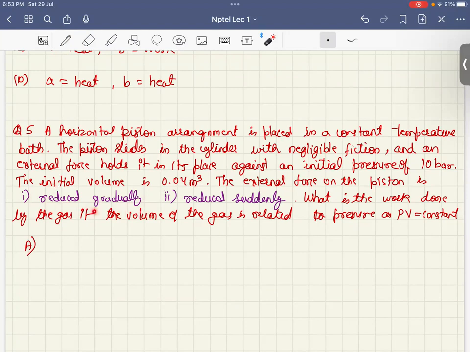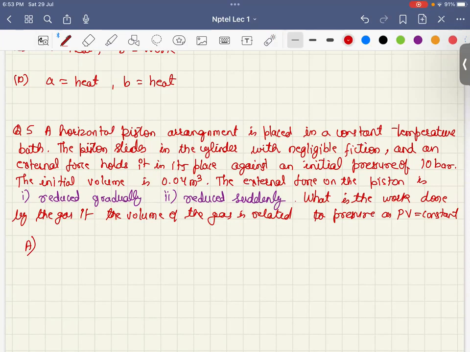So the hint is, if it reduces gradually, that means this is a reversible process. Whereas when it is reduced suddenly, that means it's an irreversible process, right? So this question is basically designed to test your understanding of the concept of reversible process and irreversible process.